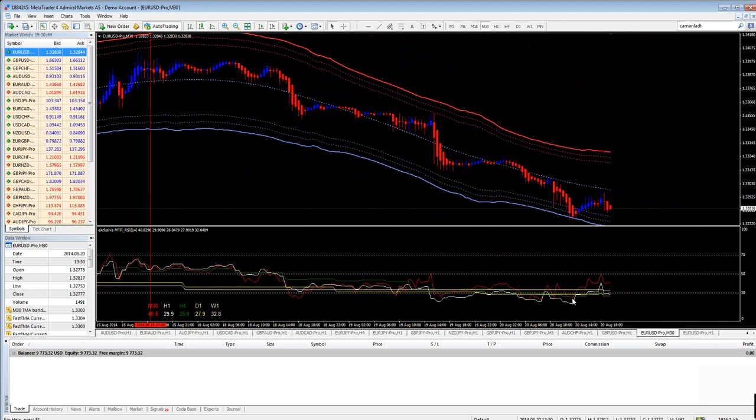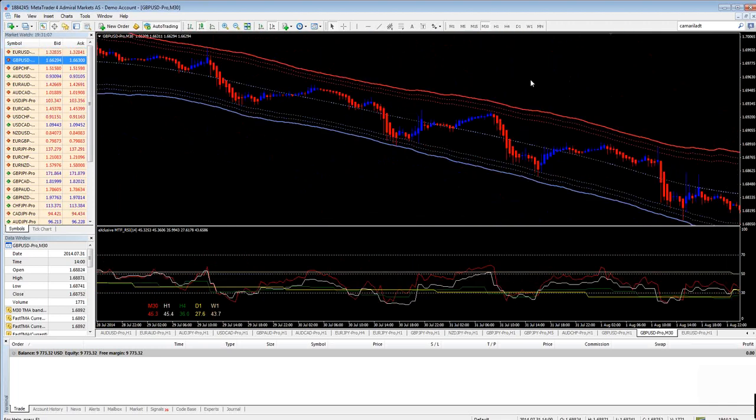Now, this wasn't a valid signal because red RSI needs to be below white RSI and then to cross it. Not like this. But if this RSI here was below the white and then crossed above the white, that would be a valid signal for buy.